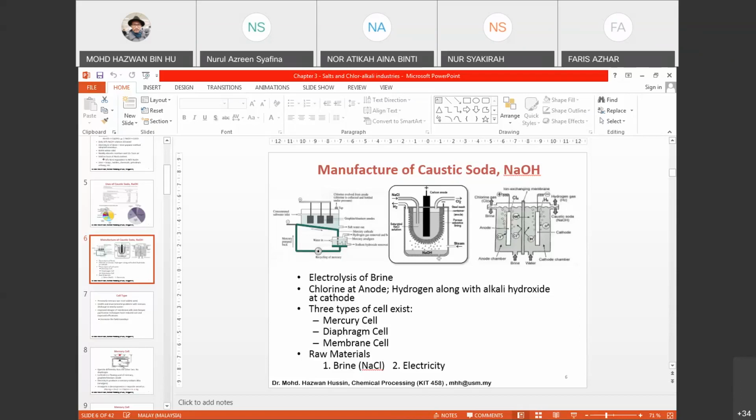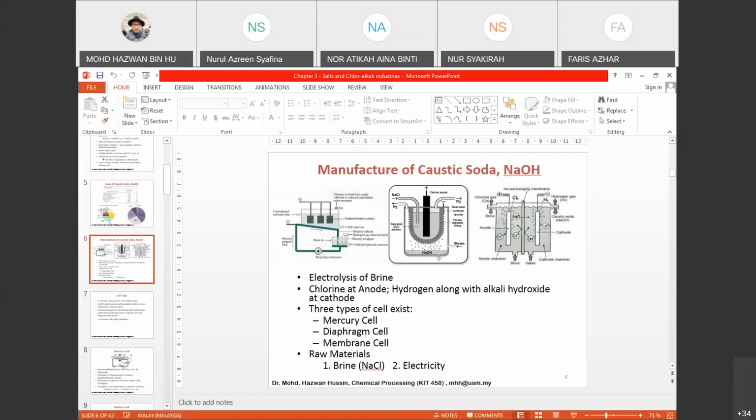The product at the anode is chlorine, and at the cathode there are two, which are hydrogen gas and sodium hydroxide.